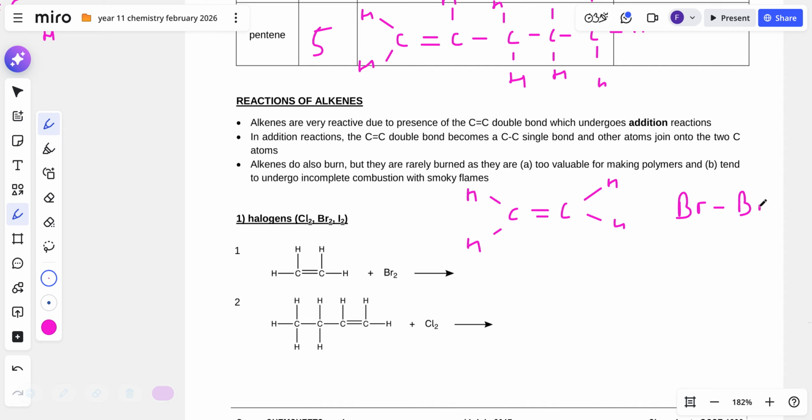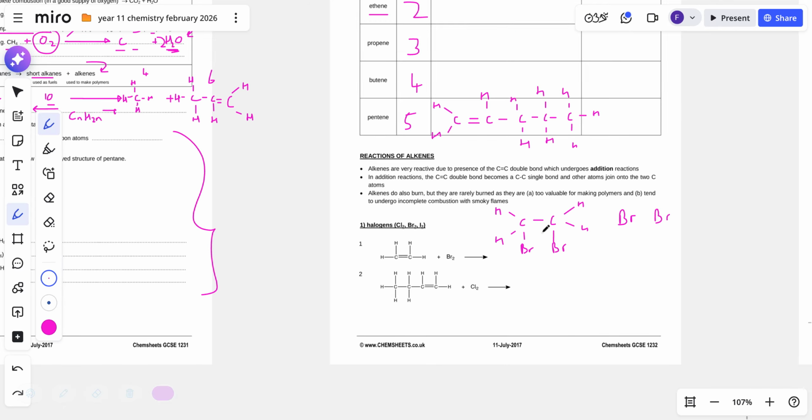What's happening is I am breaking this bond and breaking that bond. The bonds go here, and my bromines pop there. I hope you can see how I've broken this bond, got rid of it, and placed each bromine atom on either carbon atom.